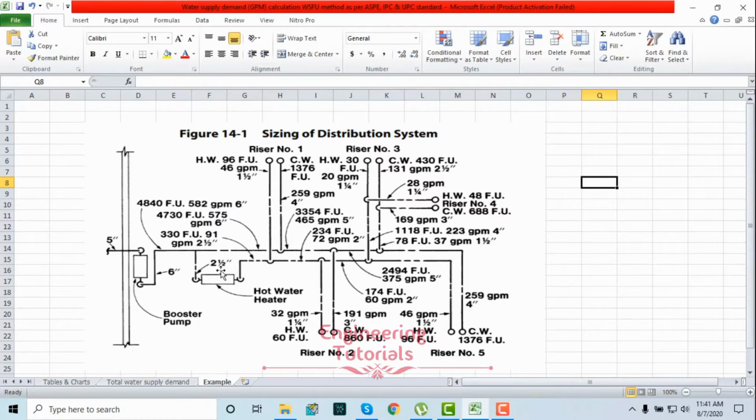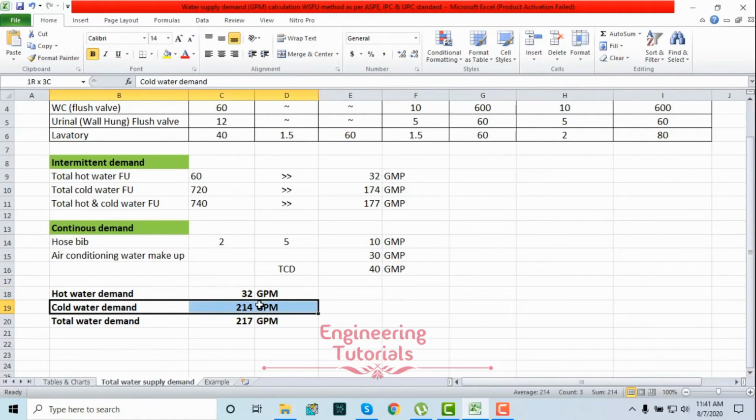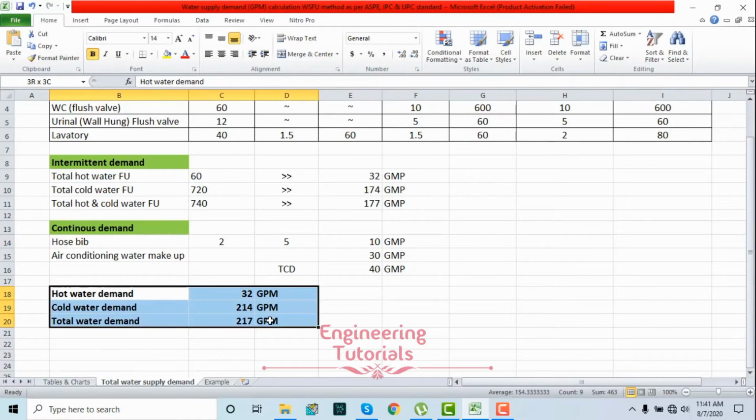And this is your cold water supply. After this point of connection you have the cold water supply, so you have to size this cold water supply piping based on the cold water demand. That's why we have calculated the hot water demand, cold water demand, and total water demand.